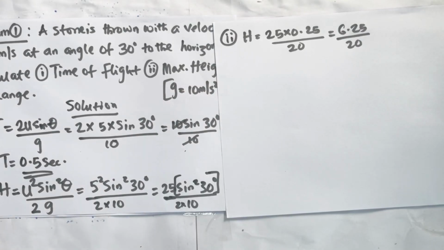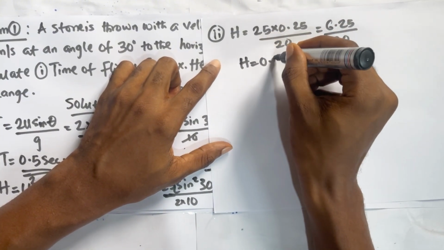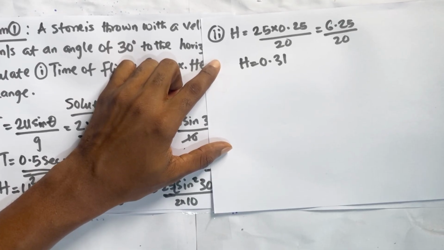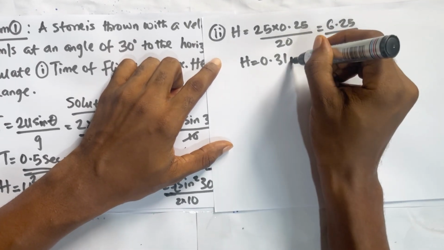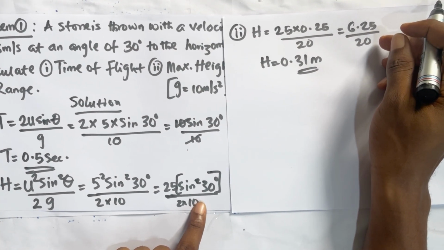If I divide this by 20, h is equal to 0.31. What is the unit for h? It is meter. So that's how to simplify this problem here.